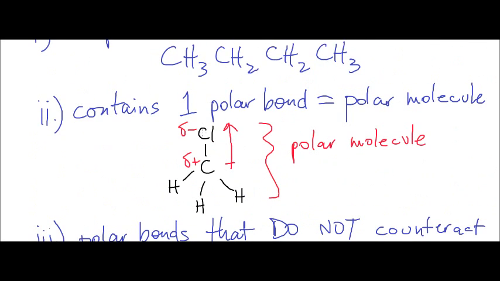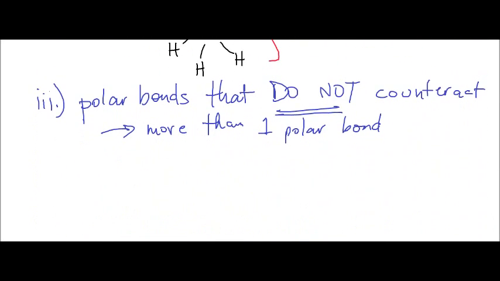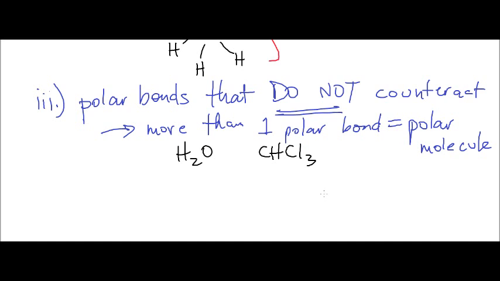The previous one only had one. So in step two, if a molecule has at least one polar bond, it is considered polar. However, if it contains more than one and they don't counteract one another, we are referring to a polar molecule, just like the ones we did before, like water and chloroform.